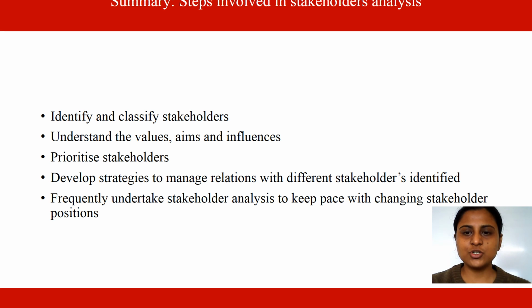After identification of the groups, we need to understand the values, aims and influences of these different stakeholders identified and any collective relationships that exist between them. Third, prioritize the stakeholders. So key players that you could think of, we can further rank them on the basis of scores.